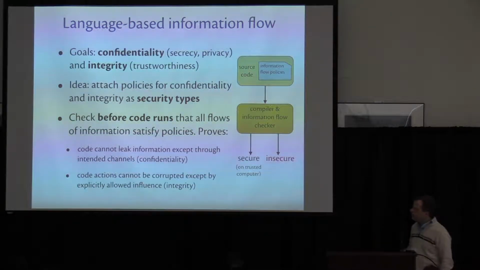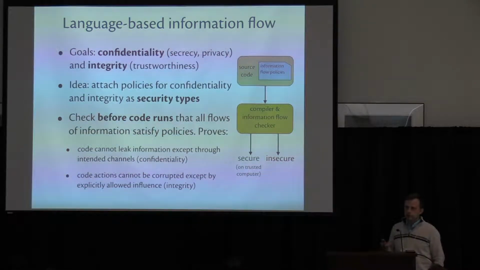So the goal here is that we want to write code, and the code is going to be annotated with policies that talk about confidentiality and integrity. Confidentiality means secrecy, integrity is about how trustworthy our information is. We're going to write our source code, and it will have these policies that talk explicitly about the trustworthiness and secrecy of the data the program is manipulating.